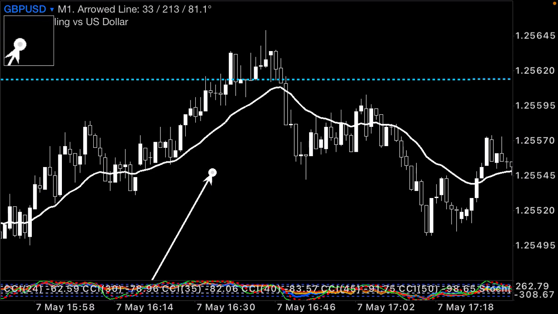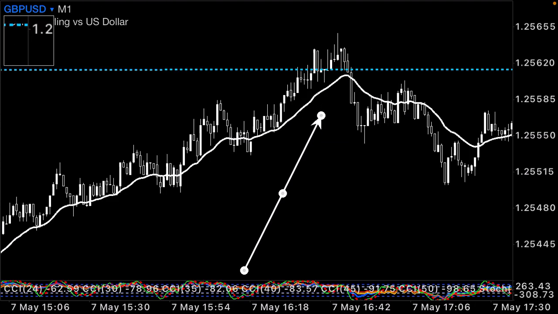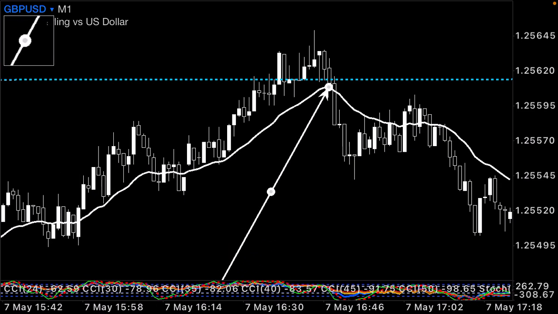On the 1 minute, here would be an engulfing bar here.